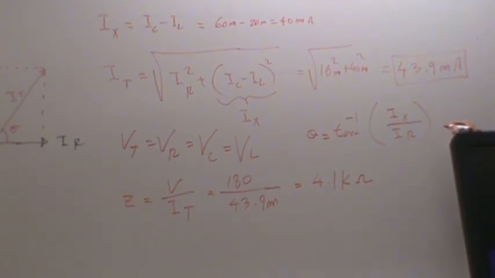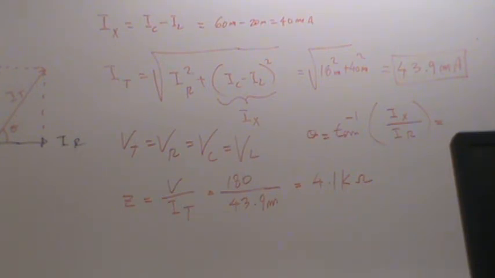Okay, so someone with a calculator, how much is that? I sub X over I sub R, I sub X 40 milli. Arc tangent of 2.2, right? Yeah, 2.2.